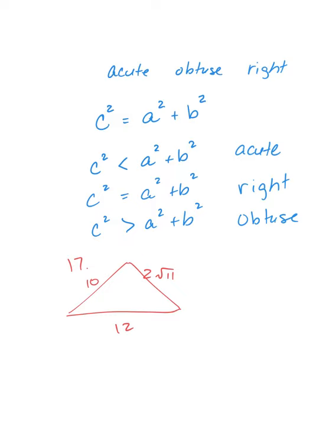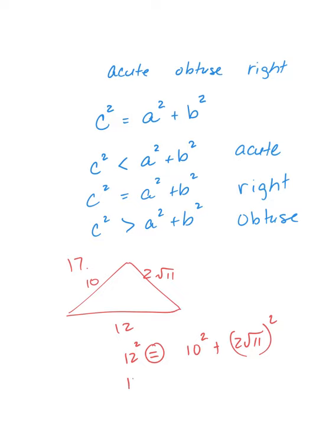But here, if you don't know who the bigger side is, just put 2 root 11 in your calculator, and that would be like 6 point something or 7 point something. The 12's the hypotenuse. Well, it's the biggest side. So let's see. We've got the 12 squared. Put the c first on these. Equals, or we're going to find out what it is, 10 squared plus 2 root 11 squared.